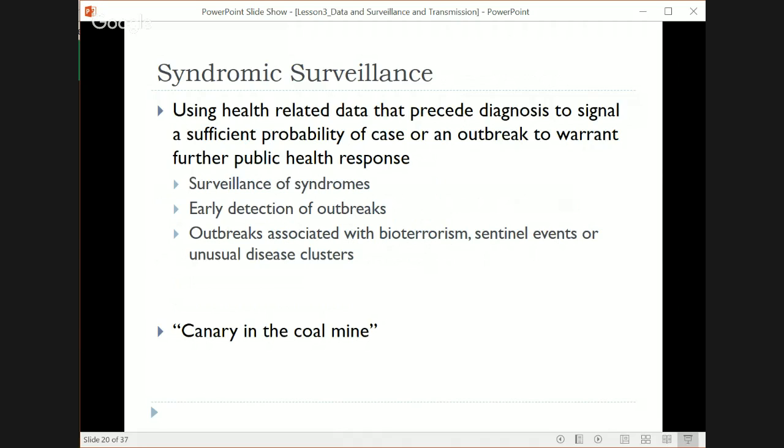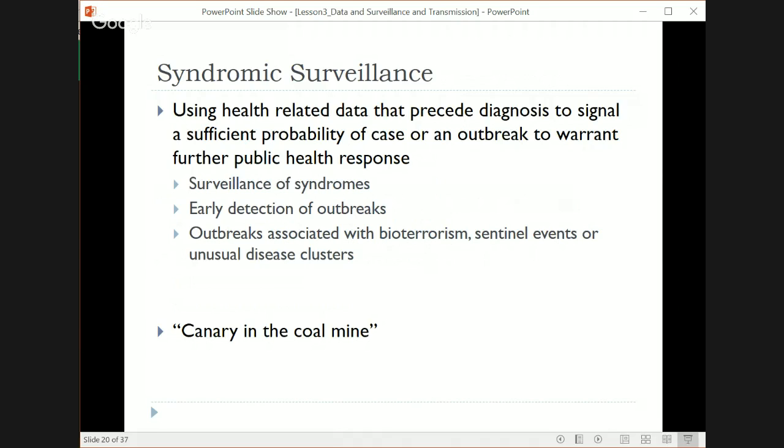The idea here is that you're going to be able to detect outbreaks a little bit earlier than you would otherwise. At the New York City Health Department, they do syndromic surveillance for unusual disease clusters, some sentinel events, and bioterrorism. And the way you can think of syndromic surveillance is sort of like a canary in the coal mine.